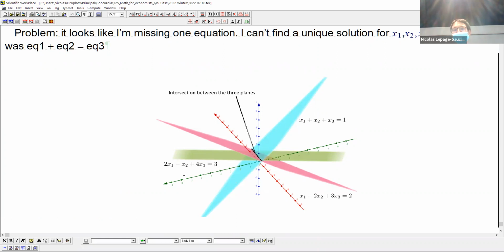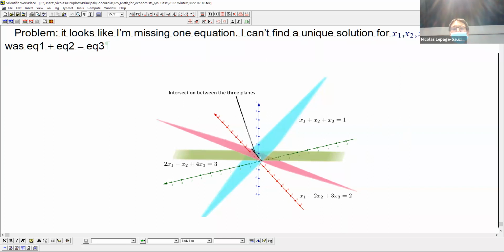What you see is that the intersection between the first and the second is exactly the same as the first and the third and the second and the third. If I think about my box again, I have one side, and then I just inserted another sheet exactly at the same place. So the three planes intersect in the same region. What does it mean?